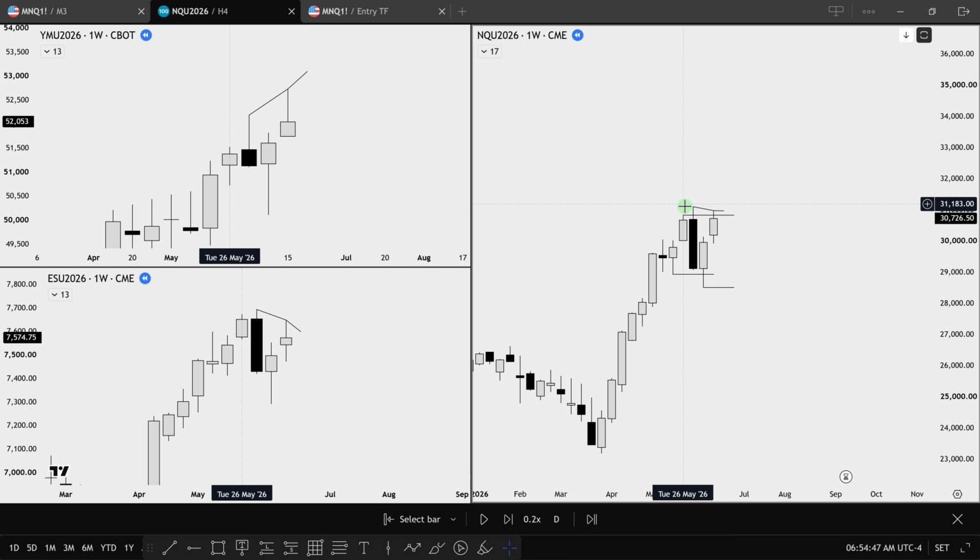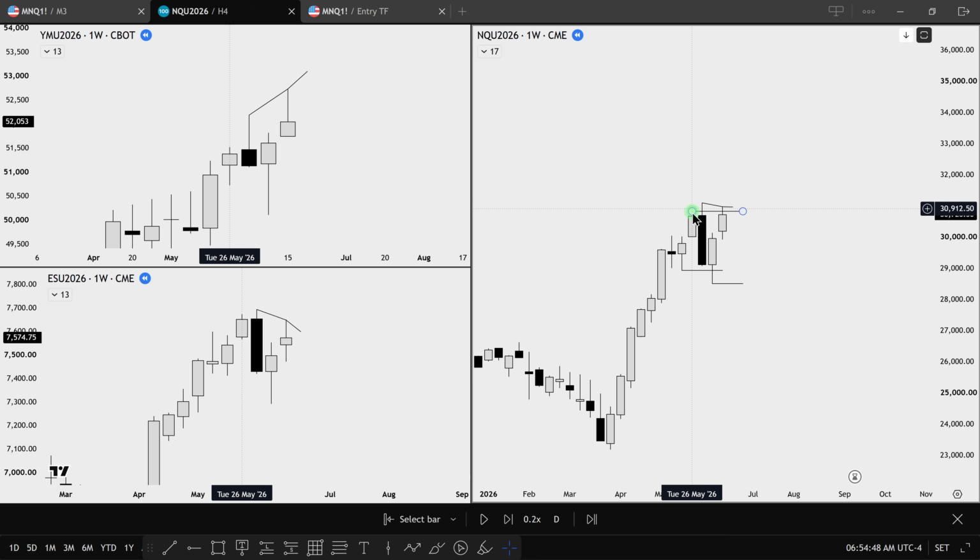But as you can see, there is no SMT, no correlation to confirm the high of the month. And for that reason, we come back, tap into a relevant level. We have to go back and create the correlation in order to confirm the high of the month.